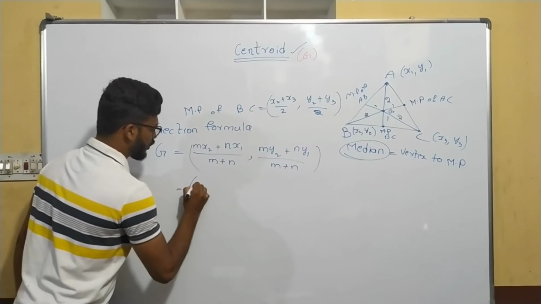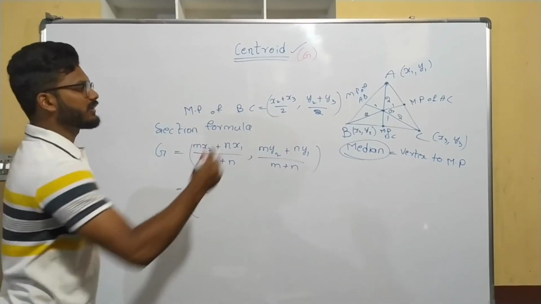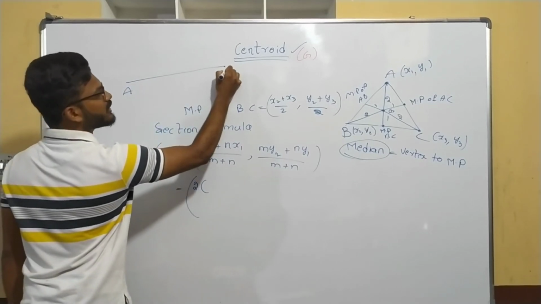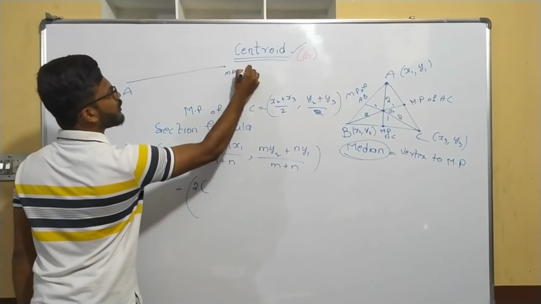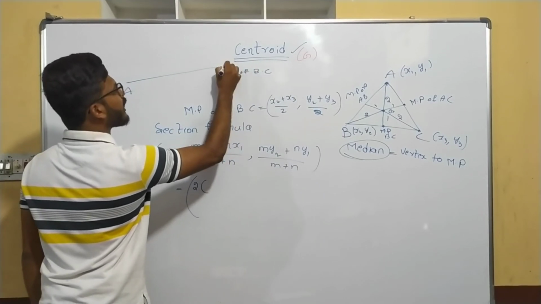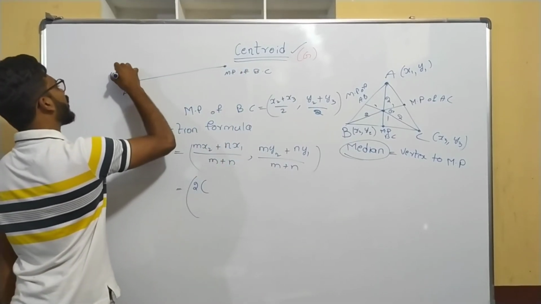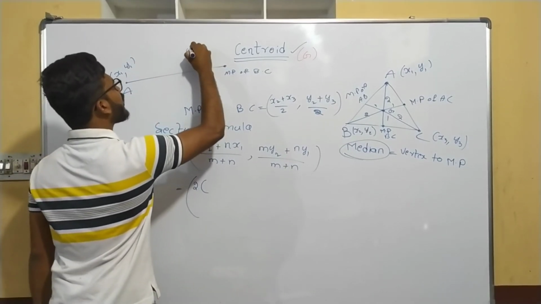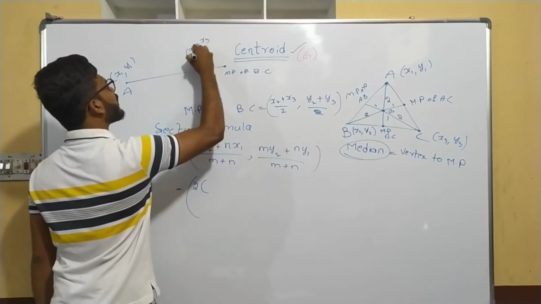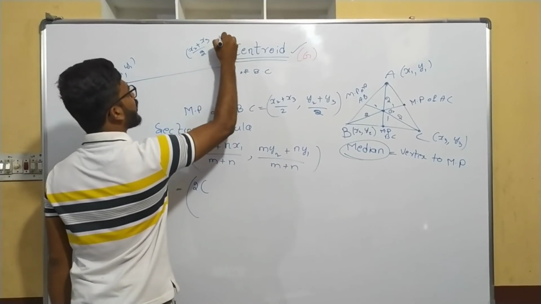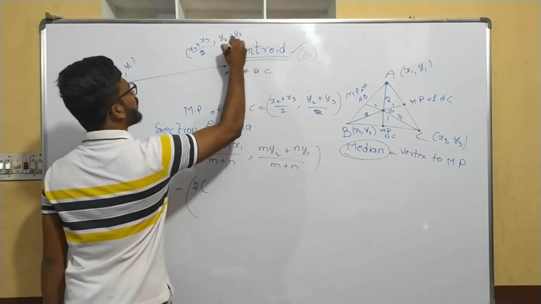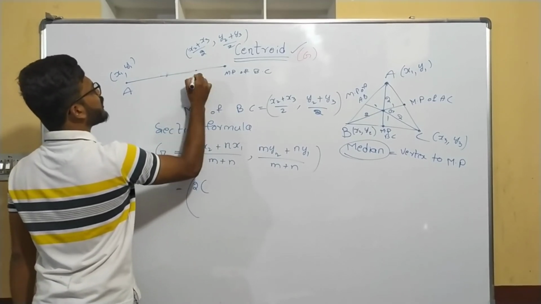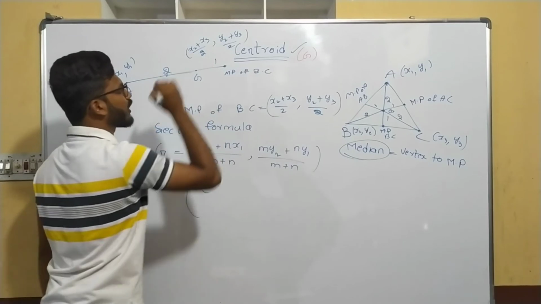So I am writing that here: this is A and this is the midpoint of BC. Here the coordinates are x1, y1 and these coordinates are (x2 plus x3) by 2 comma (y2 plus y3) by 2. And this is G, and this ratio is 2 is to 1.